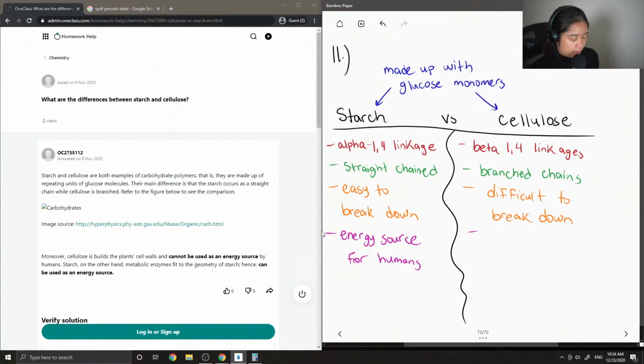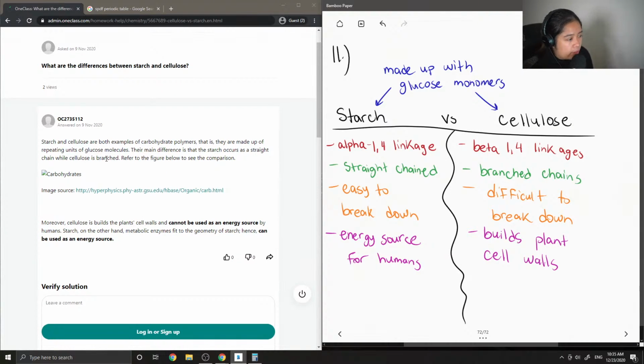And cellulose is typically used to build plant cell walls. Okay, so these are the main differences between starch and cellulose. So even though they're both made up of glucose monomers, they have a lot of differences.